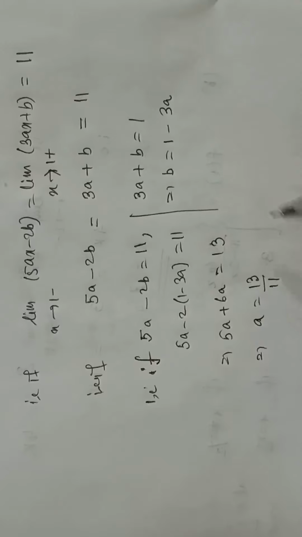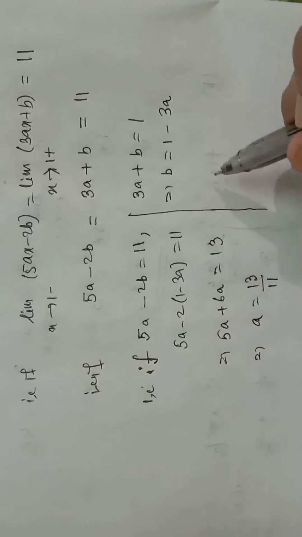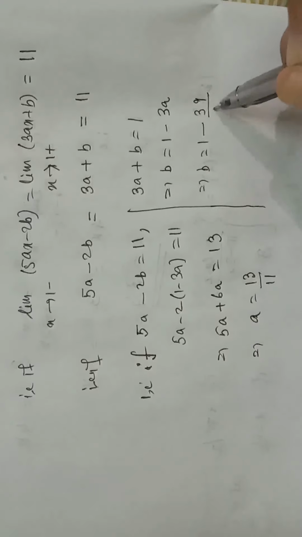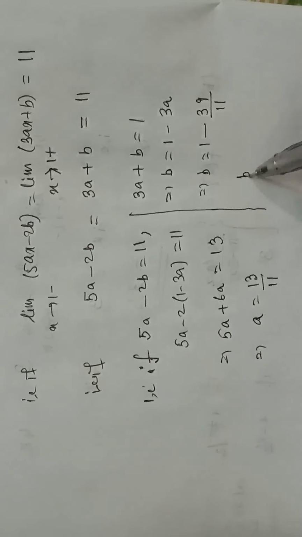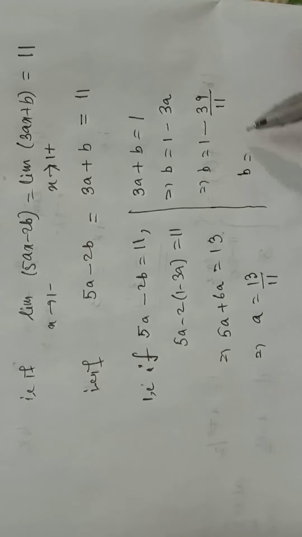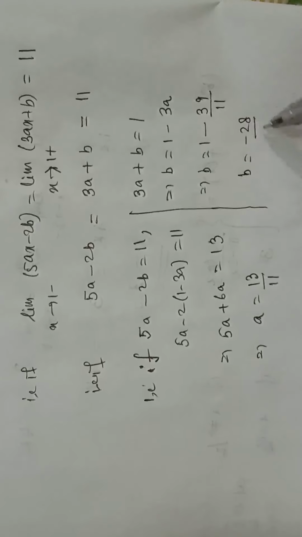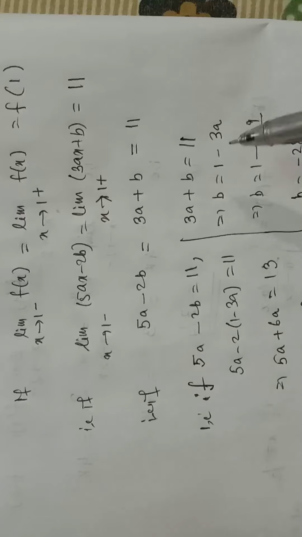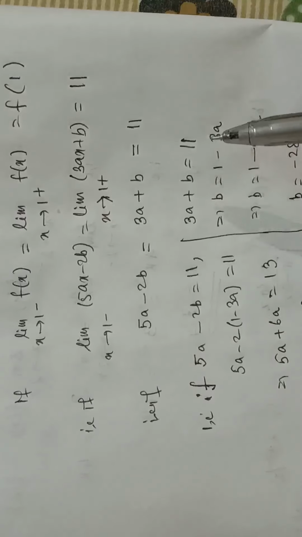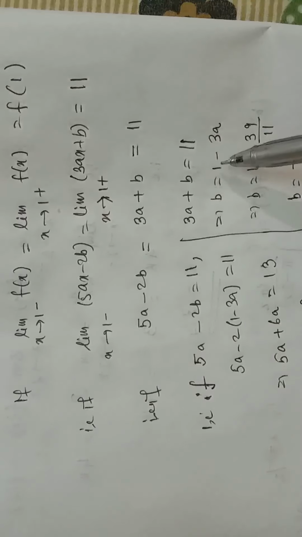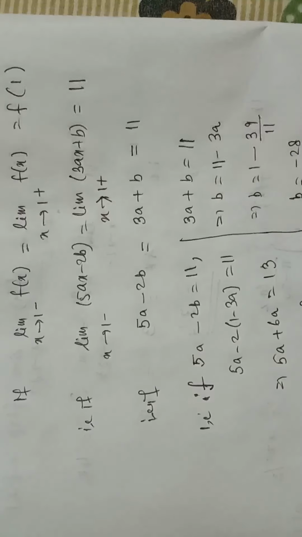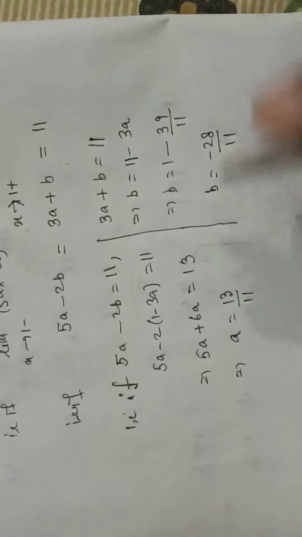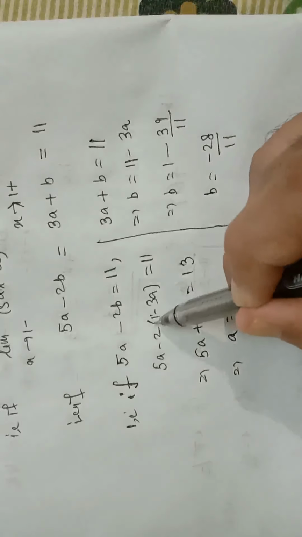If I am not wrong, you can please check the calculation. Let me check once again. You can see I have written 1 wrongly here. It should be 11. So b equal to 11 minus 3a.